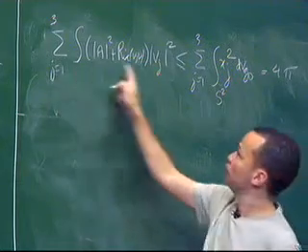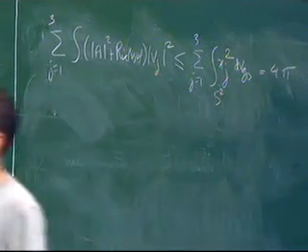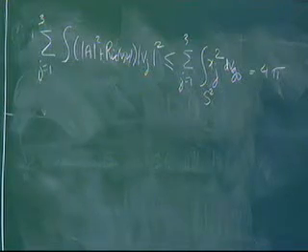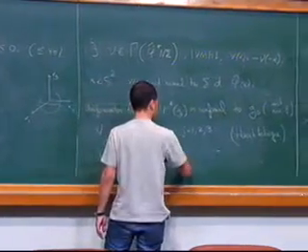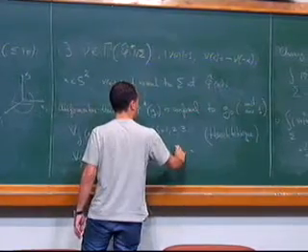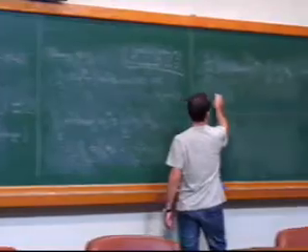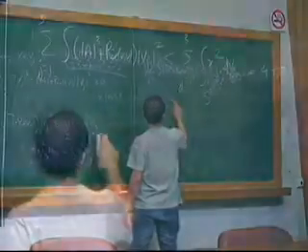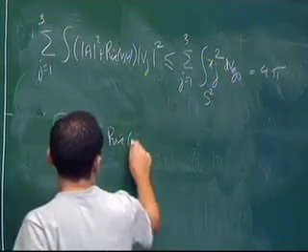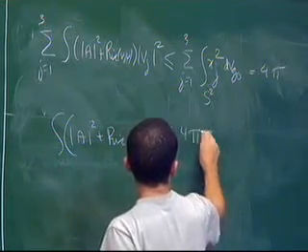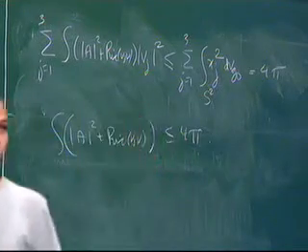And now the sum of these vectors is also 1, because the norm of Vj is exactly xj squared. So the sum of Vj squared is also 1, so I get that the integral of A squared plus Ricci of nu is less than or equal to 4 pi, which is what I wanted to prove.